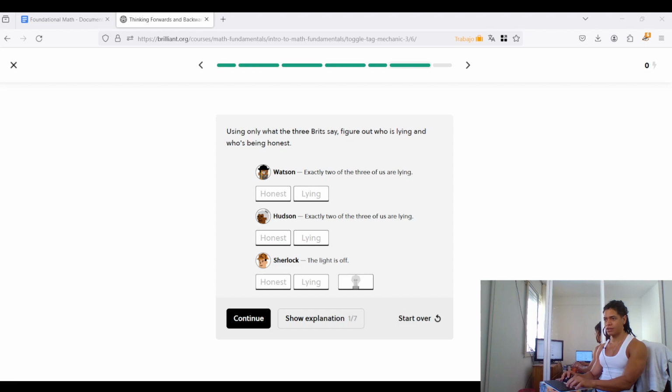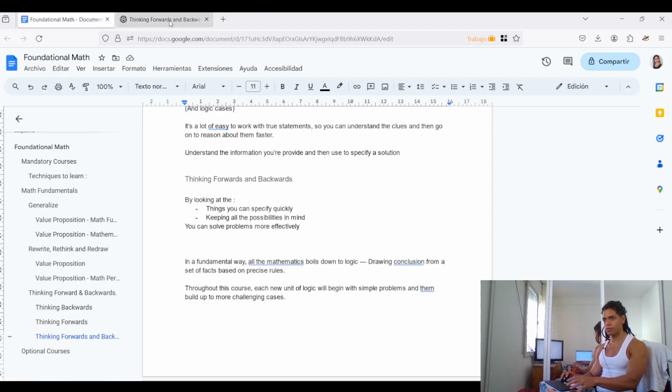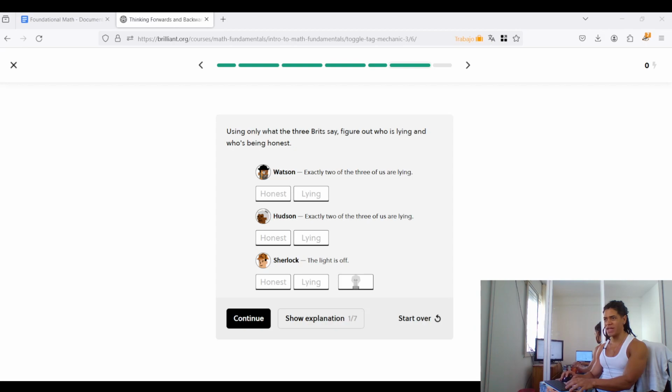So for example here, again, thinking forward and backward. Thinking forward, specify the information, things you can specify quickly, things that you can know straightforwardly.